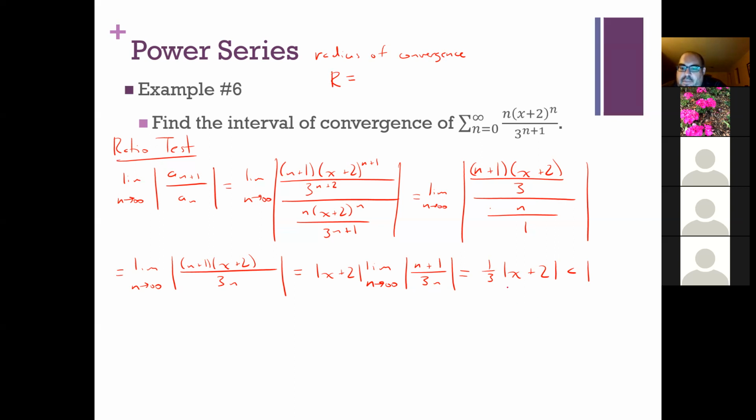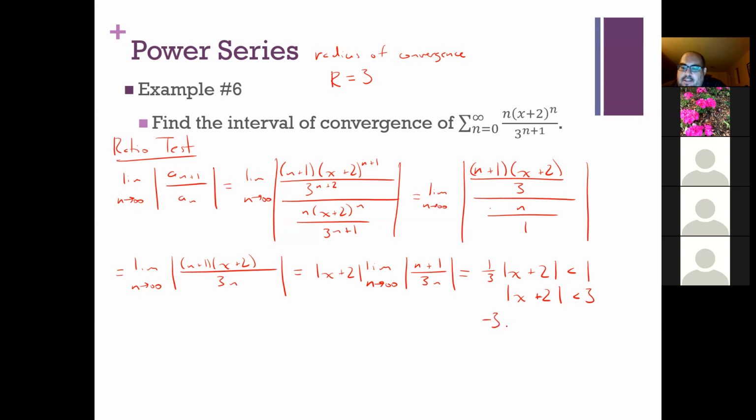To find that out, I'm just going to isolate the absolute value of x plus 2, and it's going to be less than 3. So whatever my center value is, in this case, it's going to be -2, anything within 3 of that center value, my power series is going to converge for.